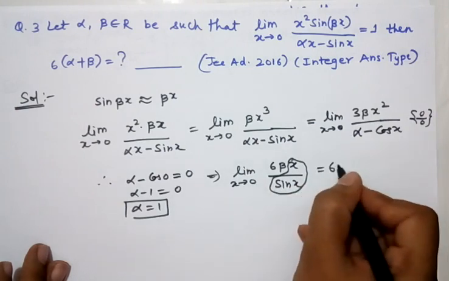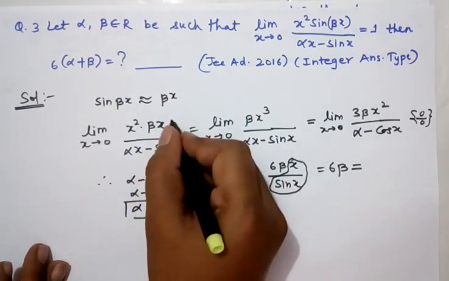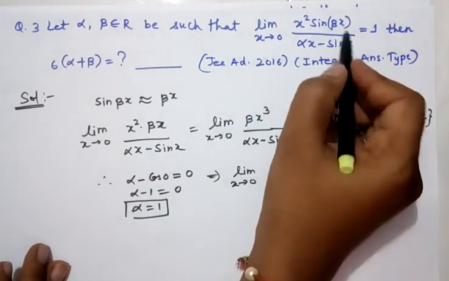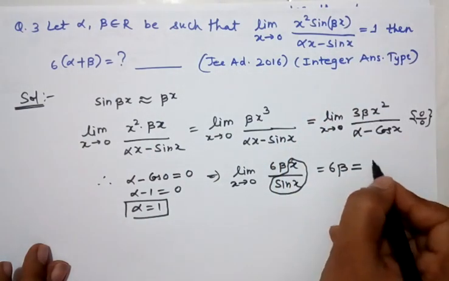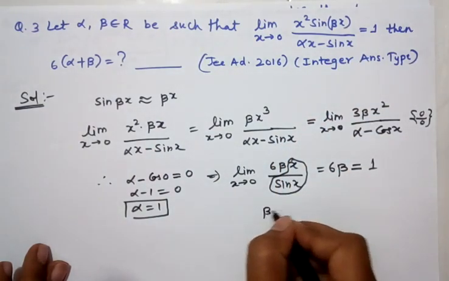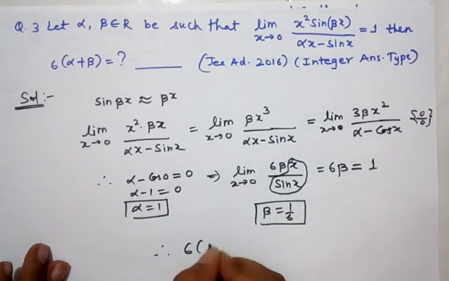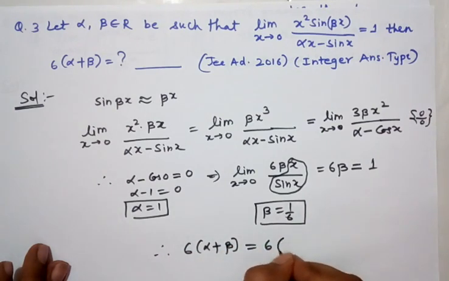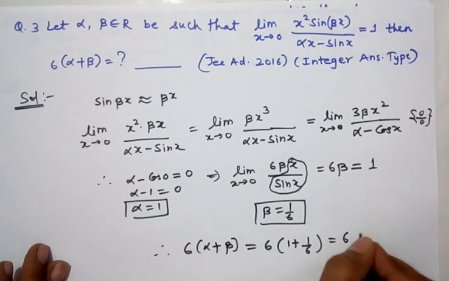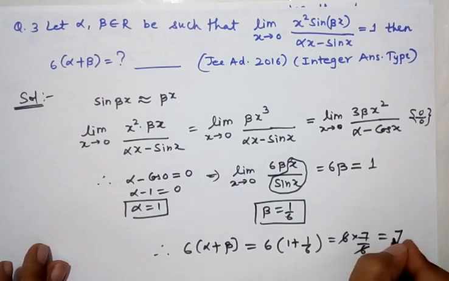When x tends to 0, we get 6 beta, and this limit is equal to 6 beta, and they have given the value, that is 1. So we get beta equals to 1 by 6. Therefore 6 times alpha plus beta is equals to 6 times 1 plus 1 by 6, that is 6 times 7 by 6. We get answer as 7.